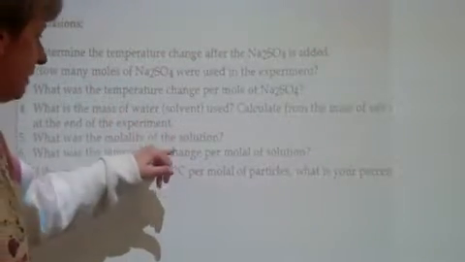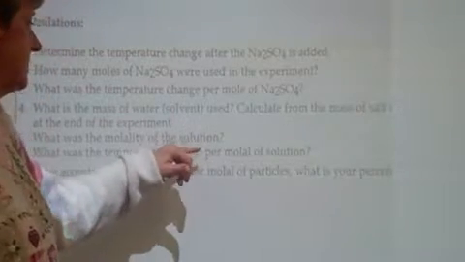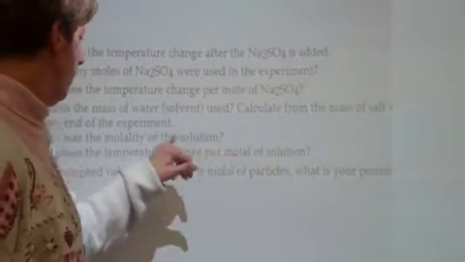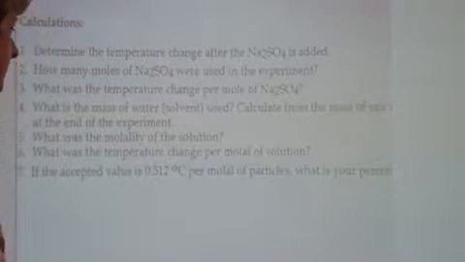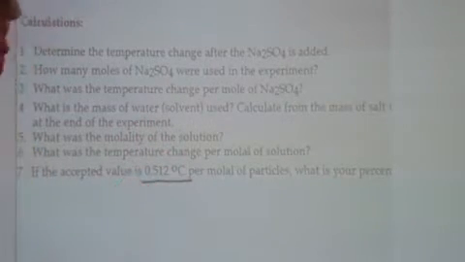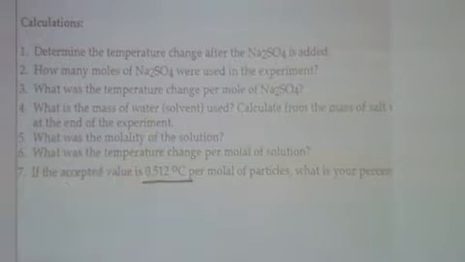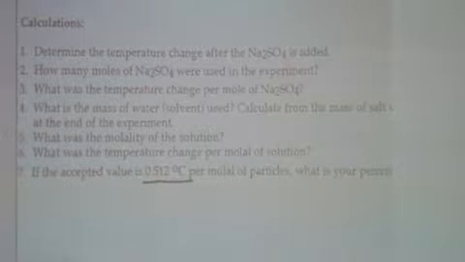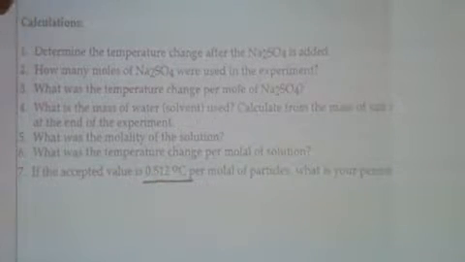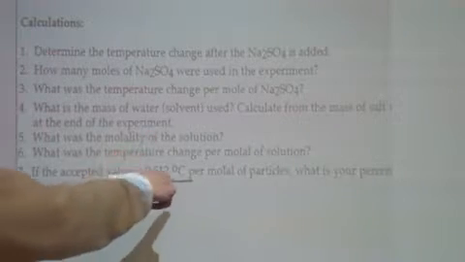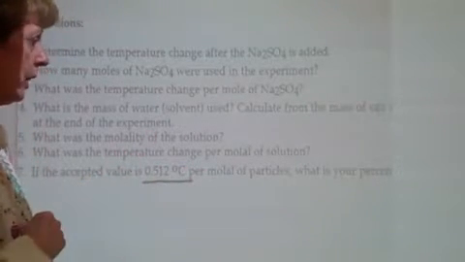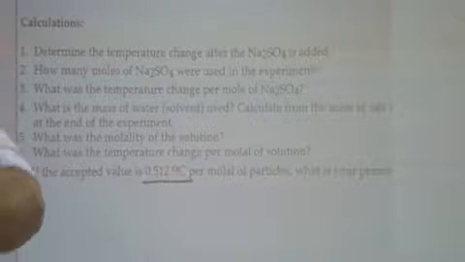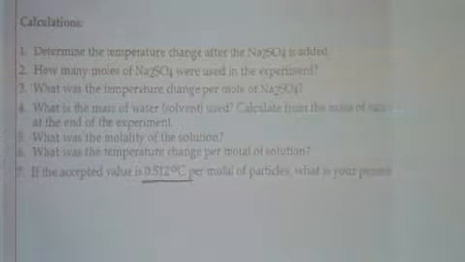And then delta T for number 6, the temperature change per molal. So that will give us that constant. And again, the magic number we're looking for is listed in number 7, 0.512 degree Celsius per little m, per molal of particles. All right? So if that makes all sense to you, just move on and do those calculations.